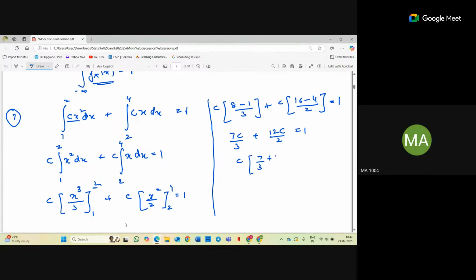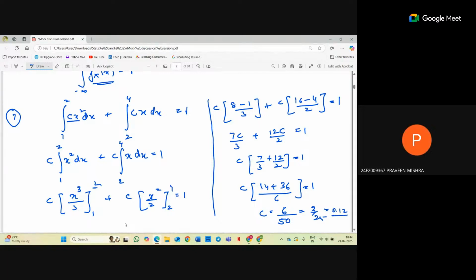So 7 by 3 plus 12 by 2 equals to 1. If you solve this, plus 36, equals 1, so c is this. So c is 3 by 25, which is equal to 0.12.